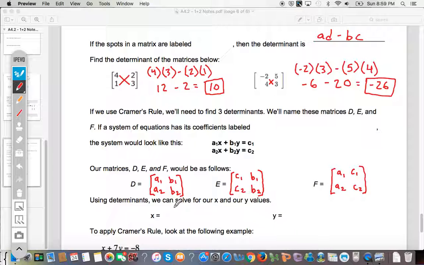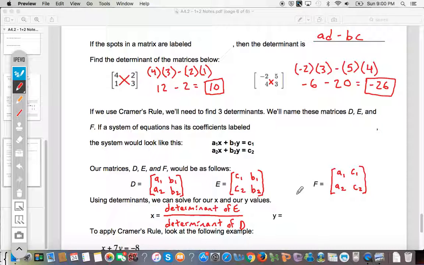Okay? So to find our x equals the determinant of E divided by the determinant of D. Okay?